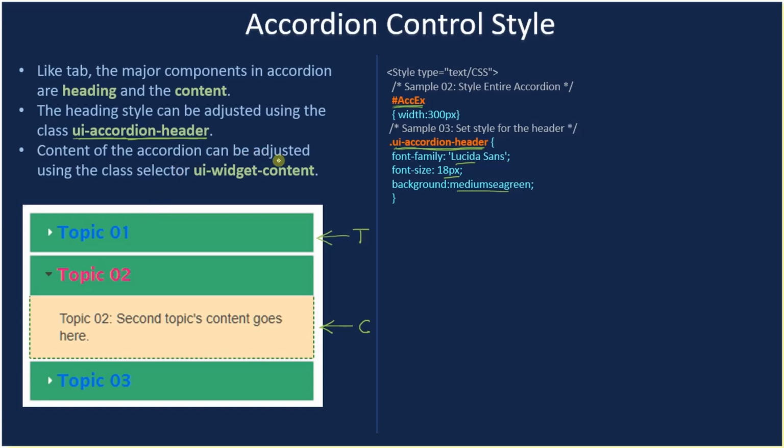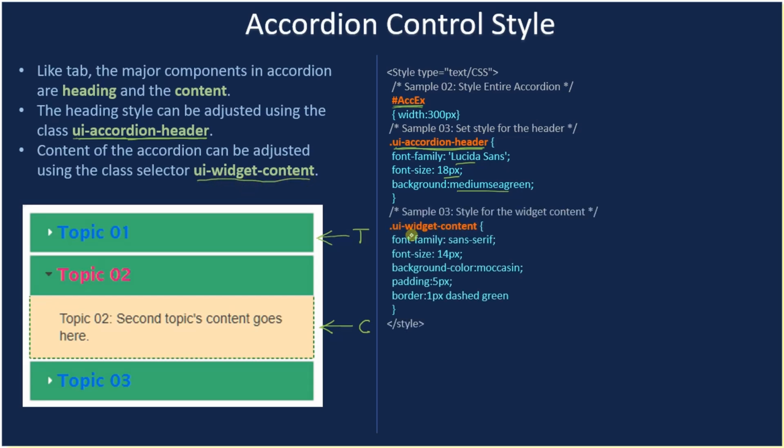The content of the accordion can be adjusted using the class selector ui-widget-content. So here we define the style for it, and we have a new font family, font size. Background color is moccasin, and padding is 5 pixels, right?